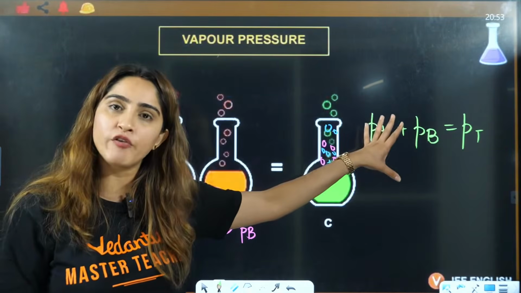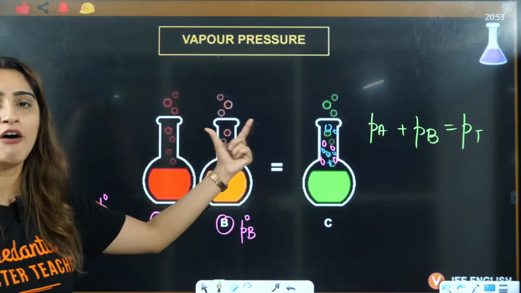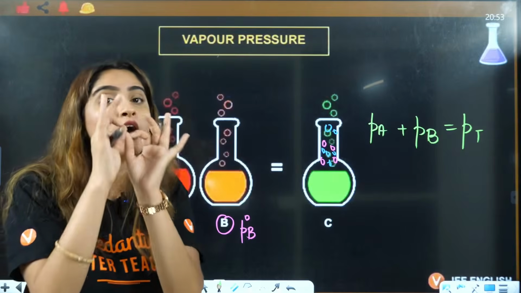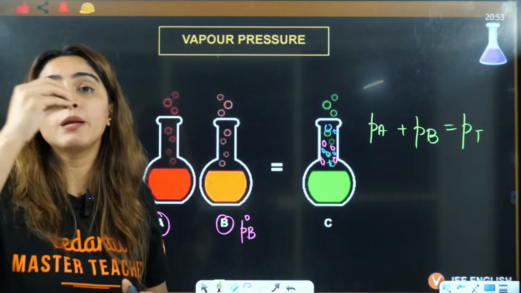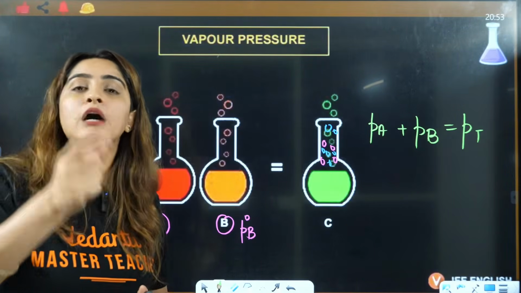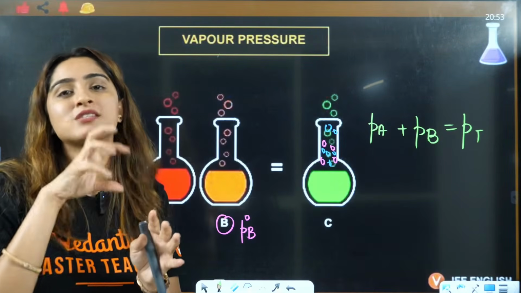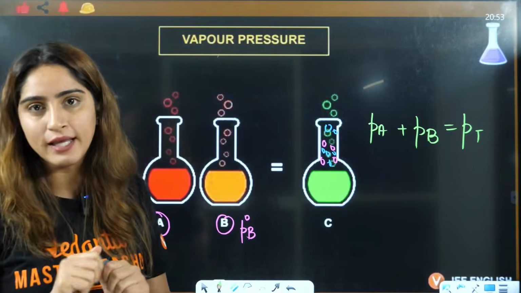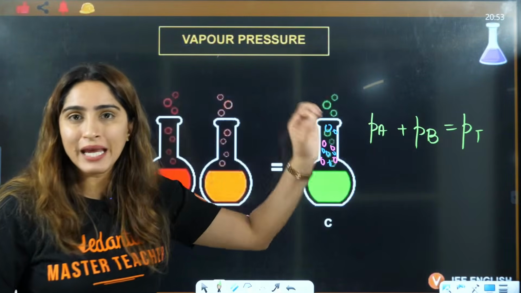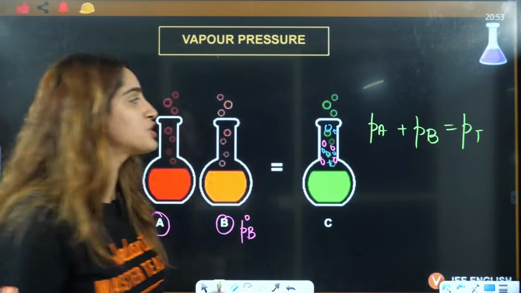Is this thing clear to everybody? PA, you have PB. What is pure vapor pressure? Vapor pressure, we talk about the vapor pressure of A or B in the pure state when they are not mixed with anything. But when we talk about PA and PB, these are the partial pressures.